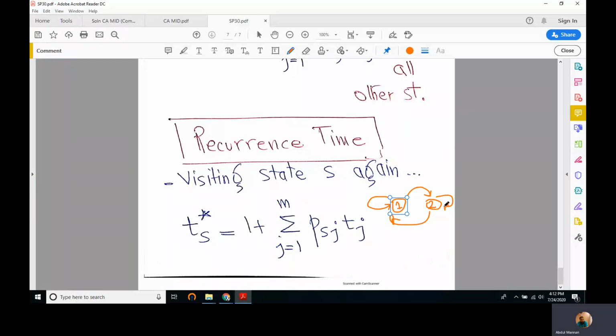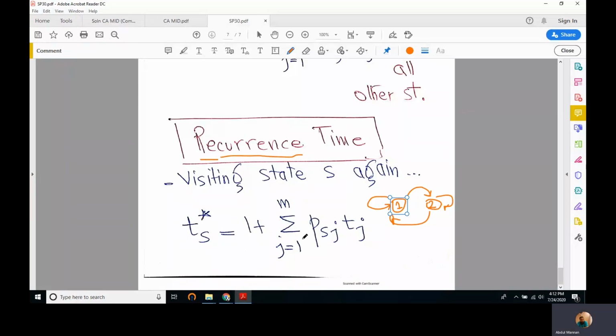Or if the process has visited state number 2, what is the average time after which state number 2 will be visited again? So recurrence means visiting a state S again.